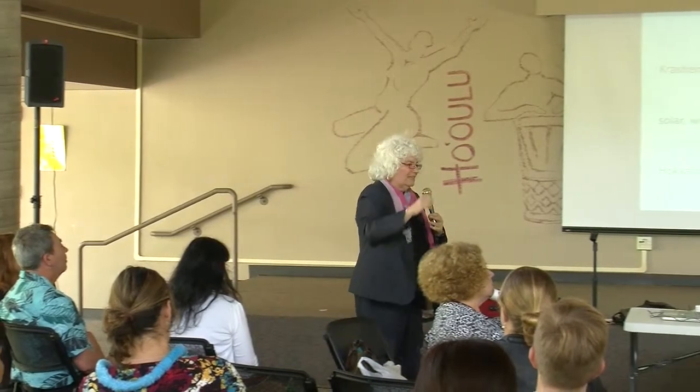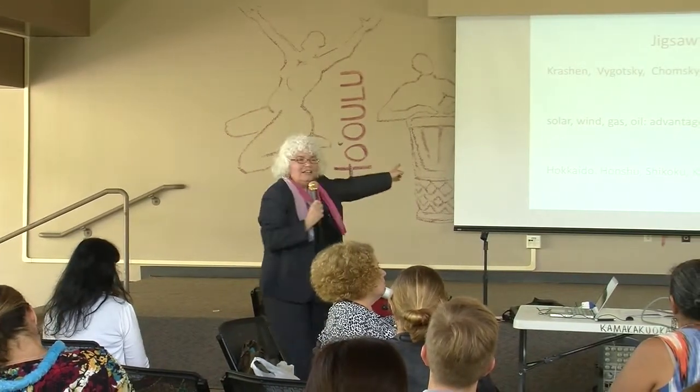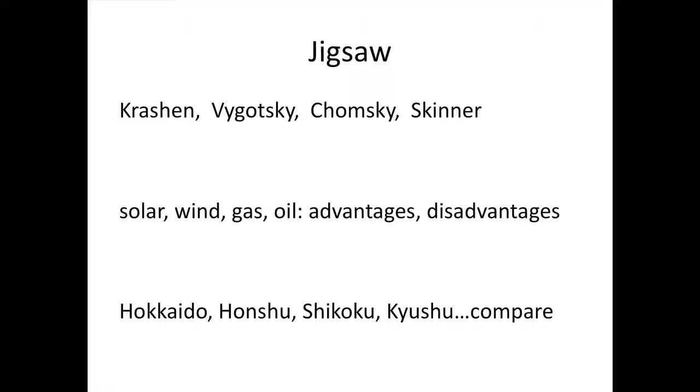house. Now, I'm going to give you your sheets in a second, but I do this with my graduate students at Rutgers University. 1 is Krashen, 2 is Vygotsky, 3 is Chomsky, and 4 is Skinner. And they go, what's that?